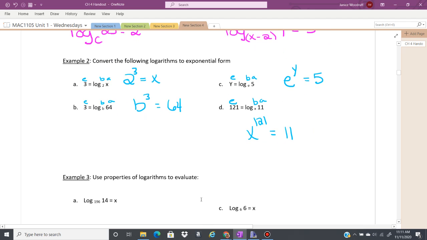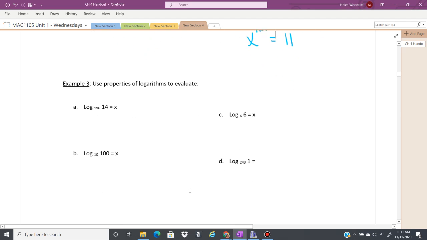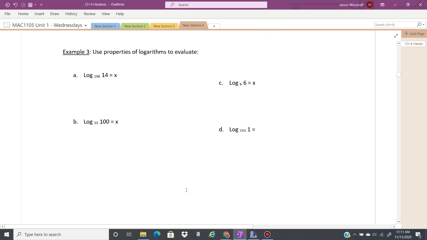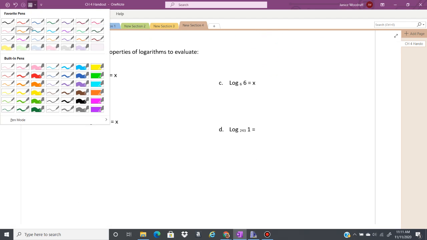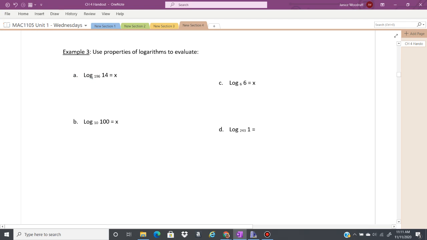All right, now in example 3, we're going to actually evaluate these. So let's take a look here. For A, you're going to take the logarithm and convert it to exponential form. So base, answer, exponent. We have a base of 196, an answer of 14, and we want to know what this exponent is.